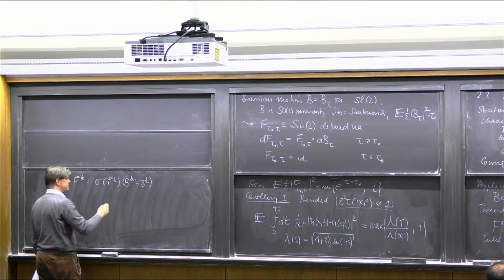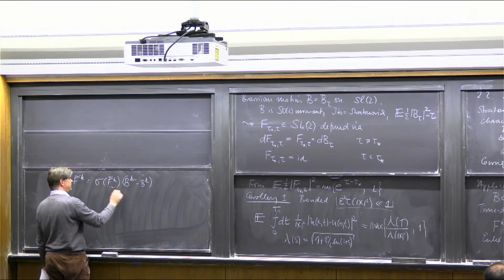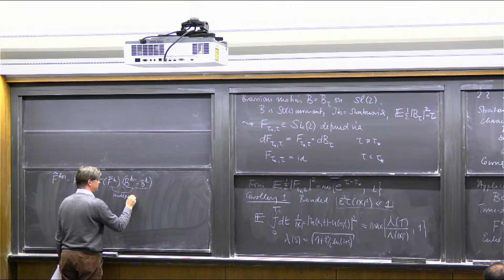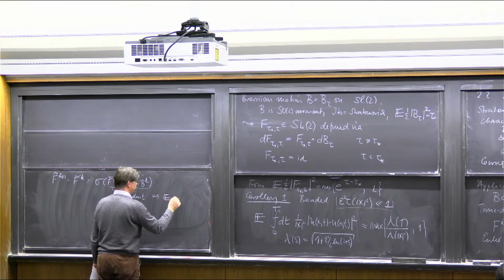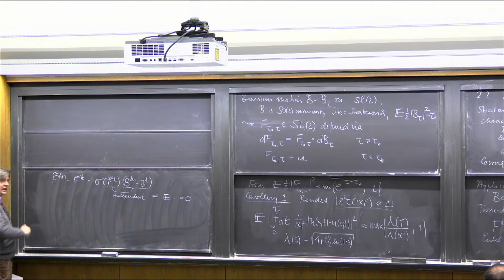Namely, since Brownian motion has independent increments, the previous fk tilde and the increment of the Brownian motion are statistically independent, and therefore the expectation of this term vanishes, which means the expectation doesn't change as you evolve.